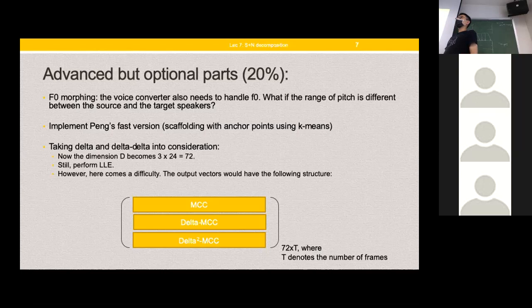Does anybody see where the problem is? You're given the MCC, and that's fine. You can use it straightforwardly and synthesize the output. But now you're given the MCC plus its delta and double delta. So I found it to be a kind of awkward situation. I hope that you're feeling the issue.